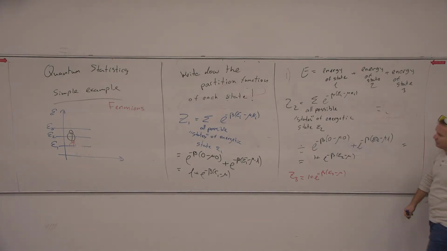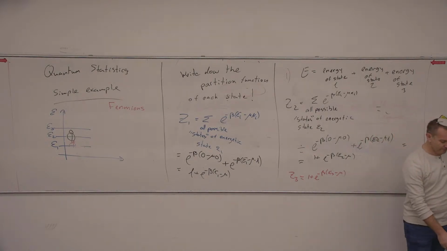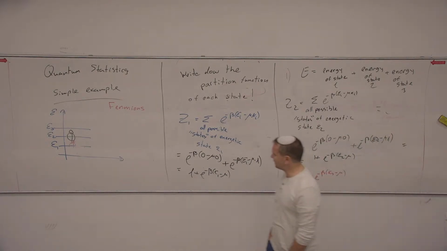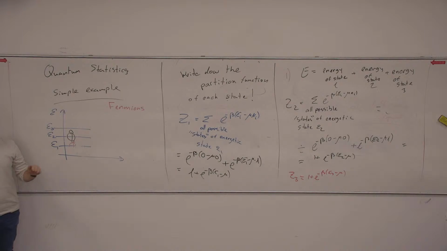So we have Z1, Z2, and Z3. What about something else? Have we forgotten anything? Maybe 0 and the 0? No, there is no 0. The ground state is epsilon 1.